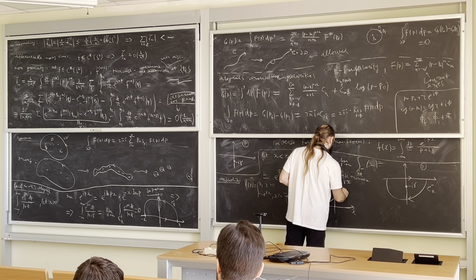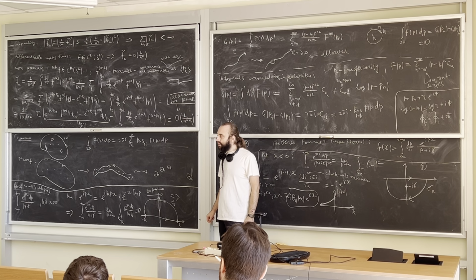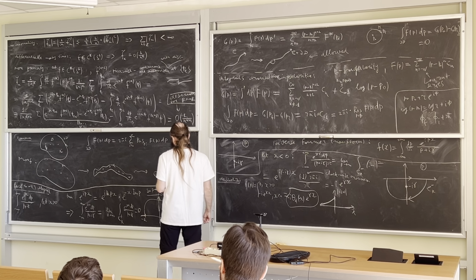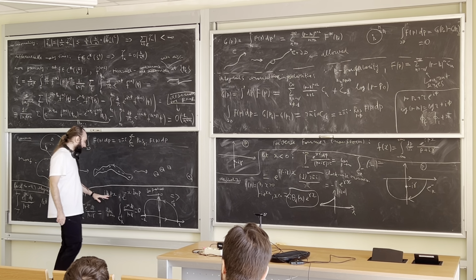I missed the step over here because our Fourier coefficient is a complex exponential, but then when we restrict x greater than 0, we need the exponent to be negative and real to decay. So when does it become a real exponent? Could you say it again?